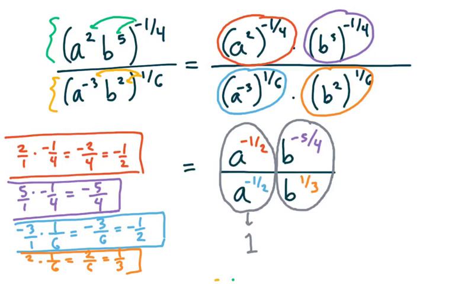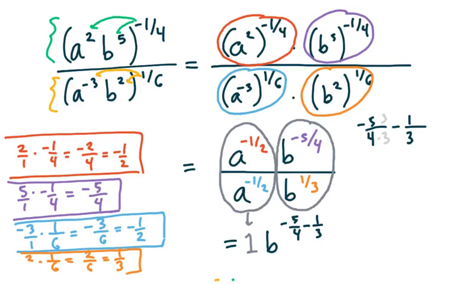So to continue on here, my next step will be that the power on our b term will be whatever negative 5 over 4 minus 1/3 is. I'm getting a little tight on space. We'll try to fit it in. If I'm doing negative 5/4 minus 1/3, the least common denominator between those two terms would be 12. So on the side here, I'm just going to show that I would need to multiply the 4 by 3, top and bottom.